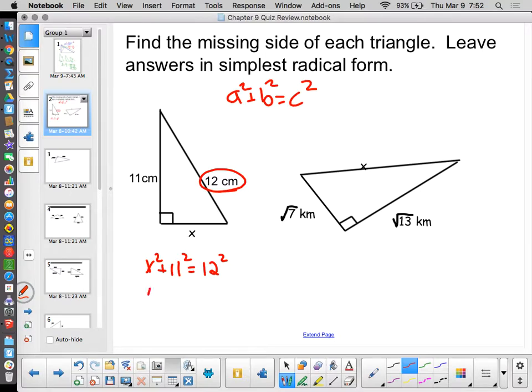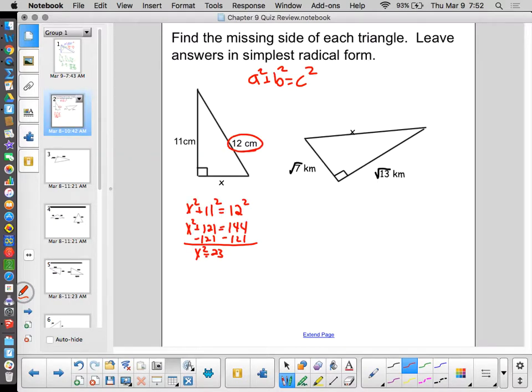And it's got to be the squared, so that's x squared plus 121 equals 144. Subtract the 121. So x squared equals, what is it, 23. So x equals the square root of 23, which does not simplify. 23 is a prime number. We can't reduce that.